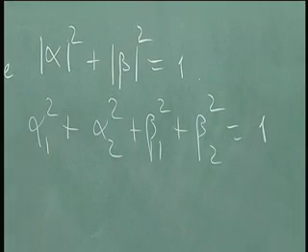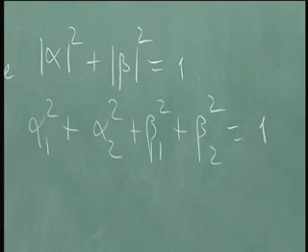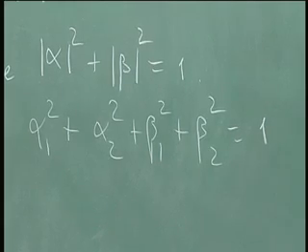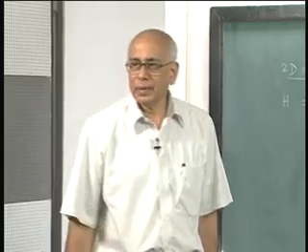So we have 4 real numbers alpha 1 through beta 2 such that the sum of the squares of these 4 real numbers equals 1.